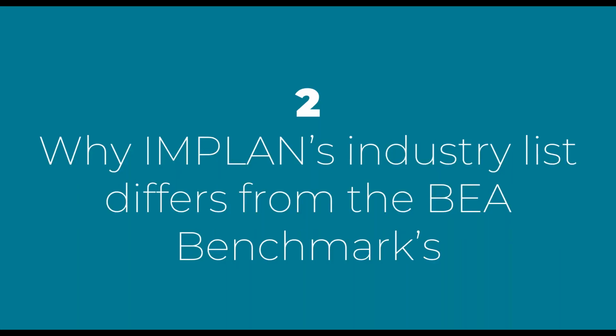Okay, now I'll turn to the next topic of why IMPLAN's industry list differs from the BEA benchmarks. If we rely on the BEA benchmark for those input purchases that each industry makes, how can we have more industries than the BEA, and why might we be missing an industry that the latest BEA benchmark has?